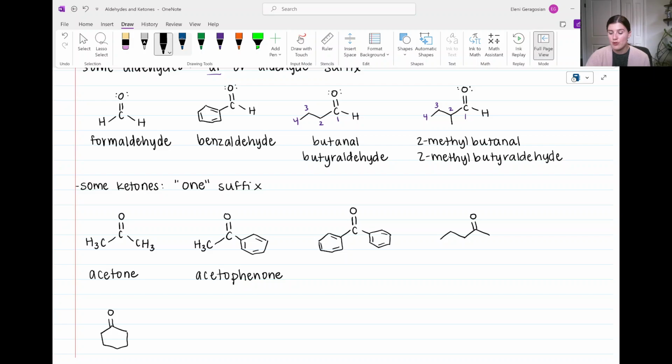If we have two benzene rings, we will still use the phenone suffix, and then we'll use the benz prefix for the other phenyl ring. So we'll use benzophenone.